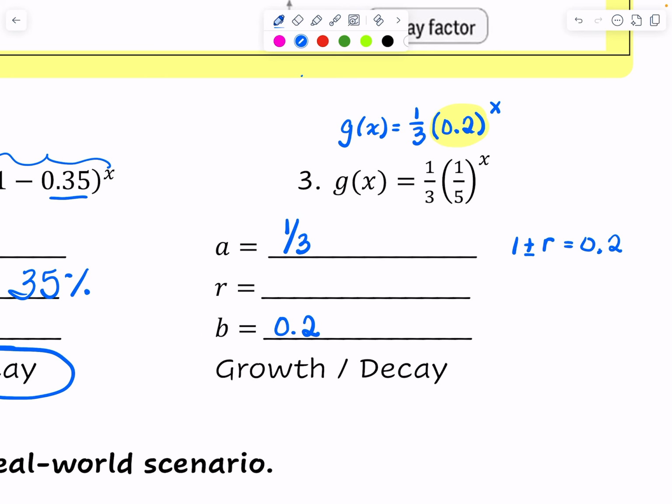And in this case, because 1/5 is smaller than 1, I know that it's 1 minus r equals 0.2. Okay?